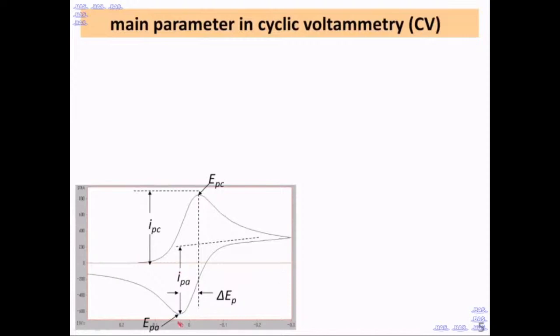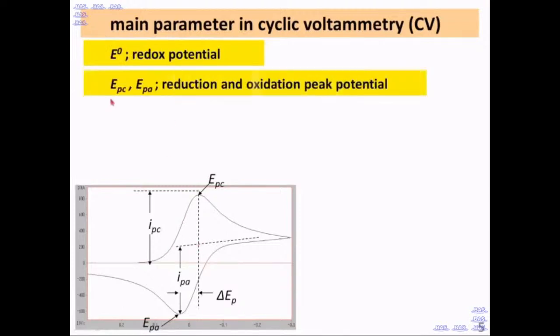This is a typical CV profile. This direction is minus potential, and this is plus. So this is the oxidation peak, and this is the reduction peak. C means cathodic. E0 is the redox potential.